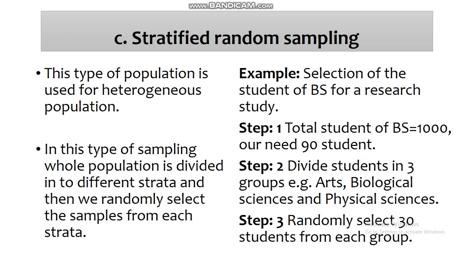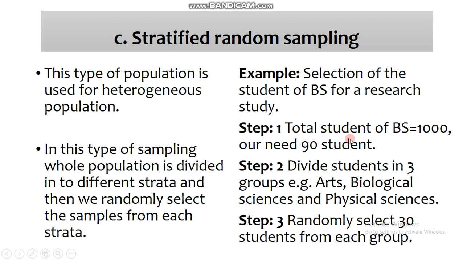They may be students of arts, biological sciences, or physical sciences. That's why they are a heterogeneous population. They do not belong to the same population. They have different properties and abilities to study. That's why we use such a method for the selection of such data.